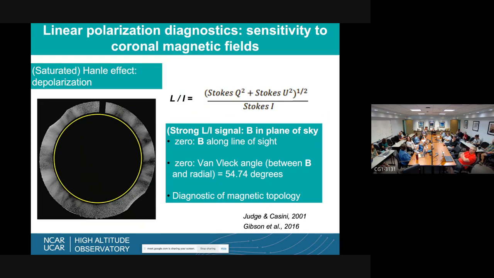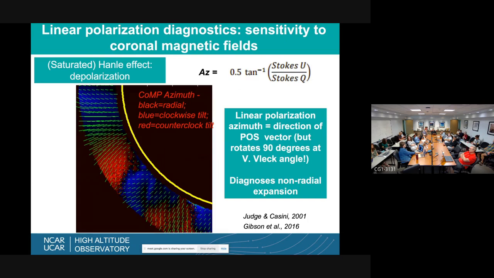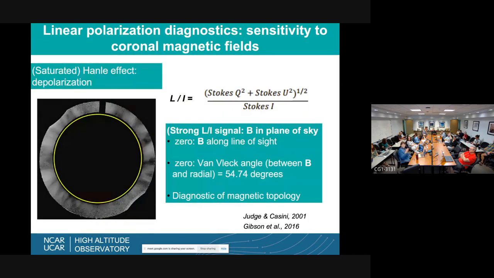Yeah, I think that's right. That's where the forward modeling comes in, and I'll show the example. Maybe we can come back to that question when I show the specific example of the flux rope, because it has both the Van Vleck angles and that line of sight null. You can tell if you have some prior information on what you think the structure is generally.